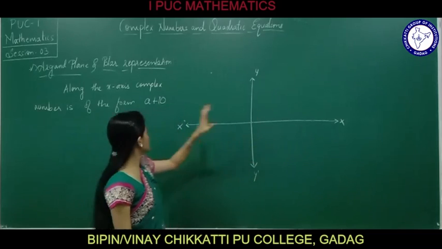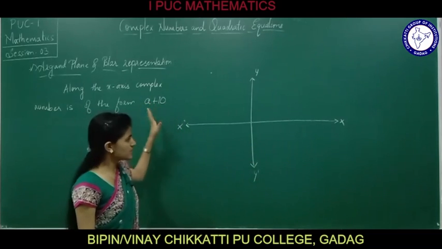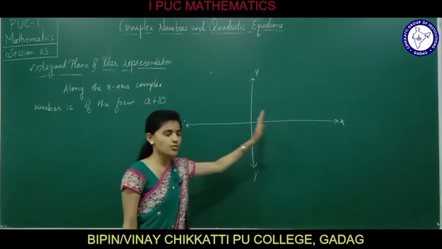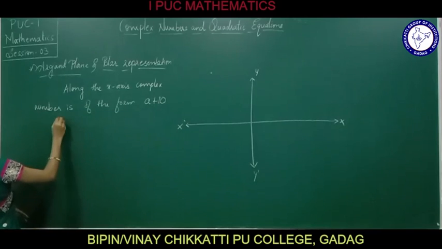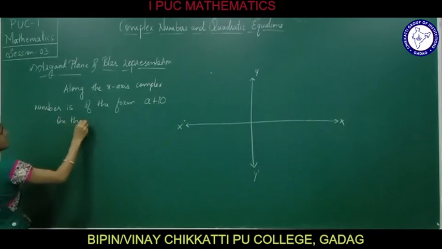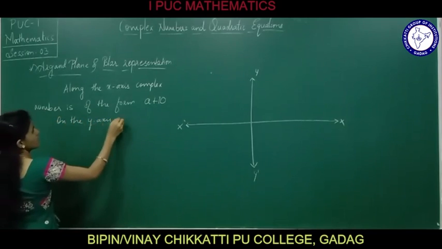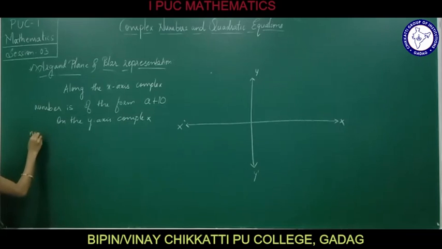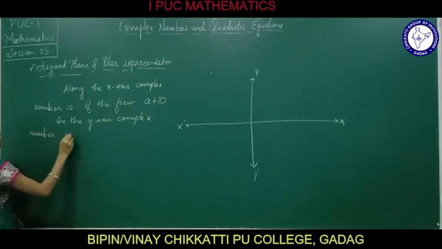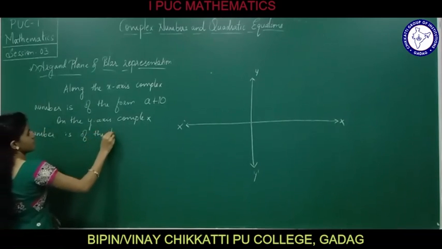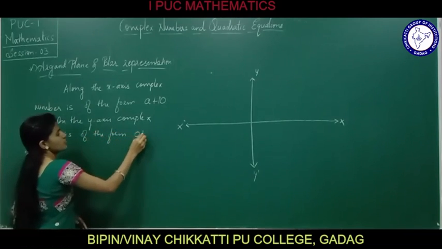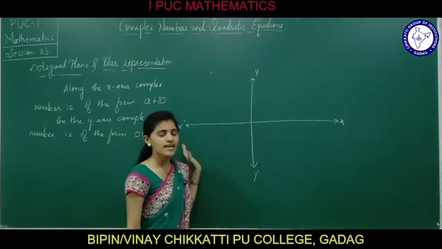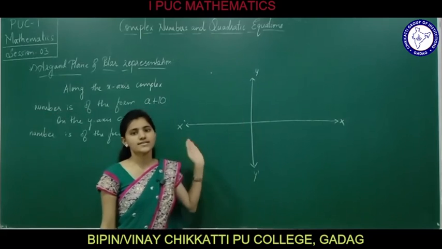Here we are only going to write the a, that is the x term, that is, on the x-axis the y term will be equal to 0. The same way on the y-axis, a complex number is of the form 0 plus i into b, that is, on the y-axis the x term will be equal to 0.